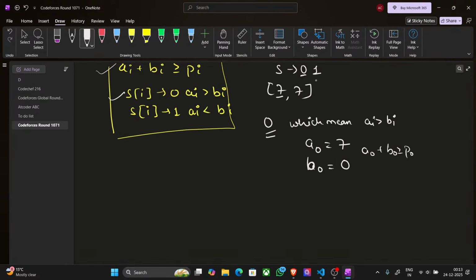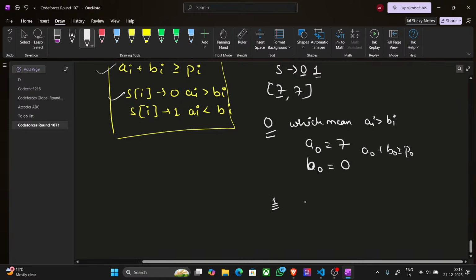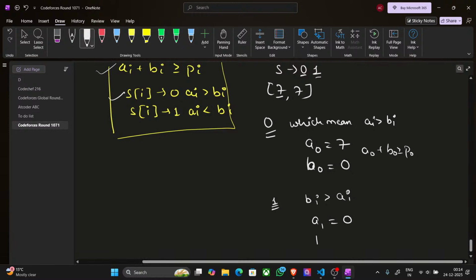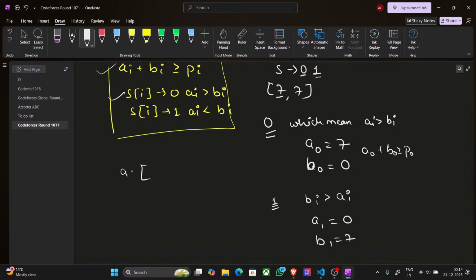Now the second element of this string is 1, which means I need bi to be greater than ai. So I will put a1 as 0 and b1 as 7. Now the A array will look like 7 and 0, and B will look like 0 and 7, right?